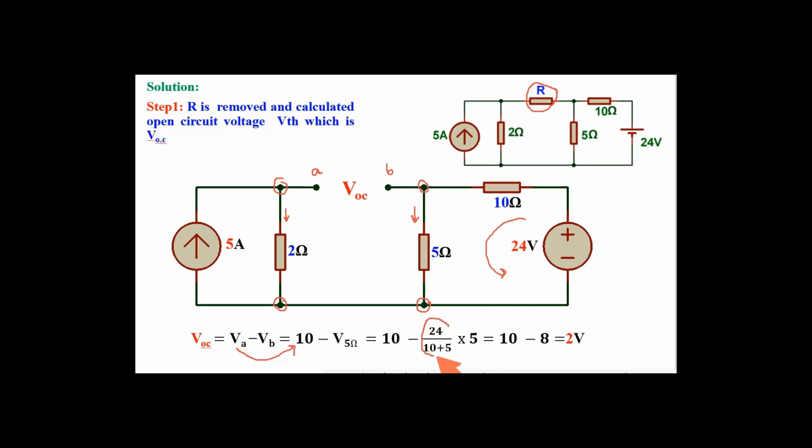That current multiplied by this 5 ohm gives VB. So VB is 8 volt and VA is 10 volt. Ultimately open circuit voltage VOC is equal to 2 volt.